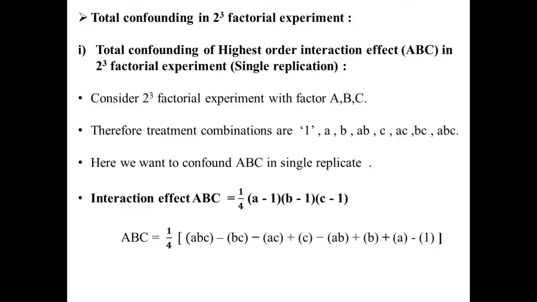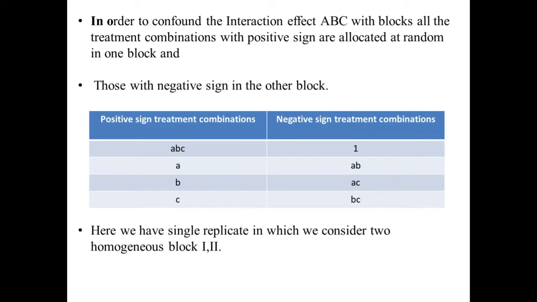Now how does this confounding work? In order to confound the interaction effect ABC with blocks, all treatment combinations with positive sign are allocated at random in one block, and those with negative sign in the other block. Here we consider one replication, so we divide this one replicate into 2 homogeneous blocks.